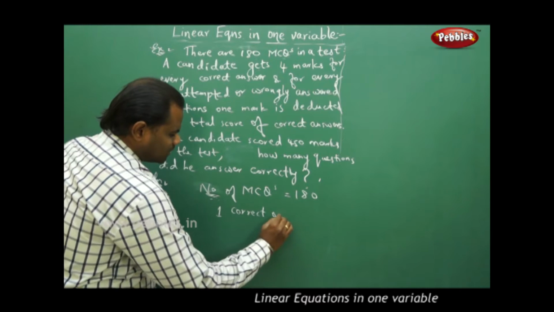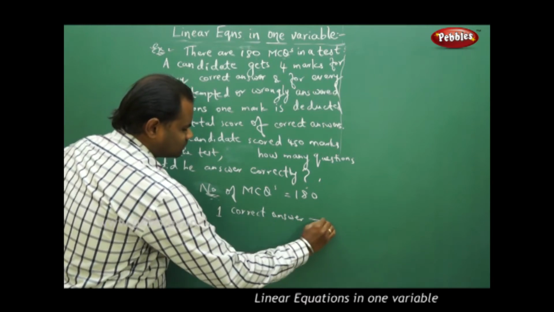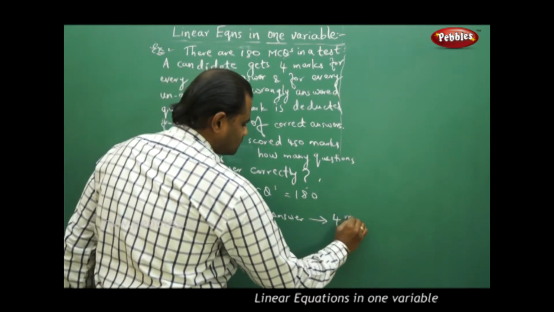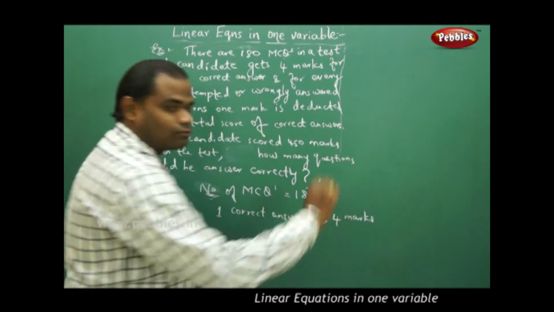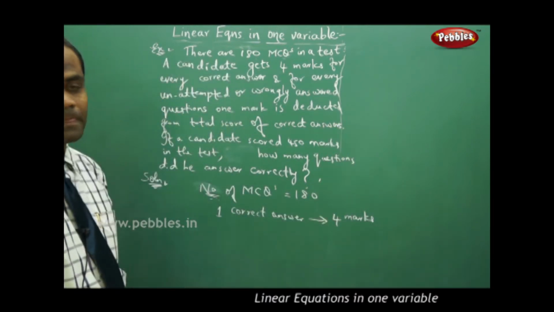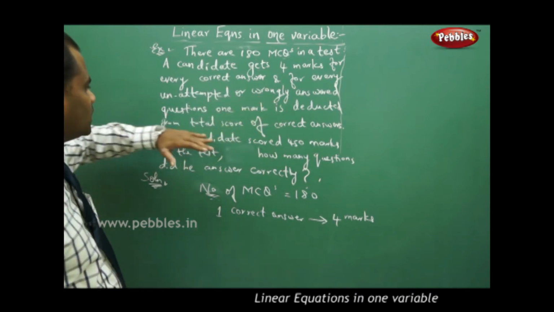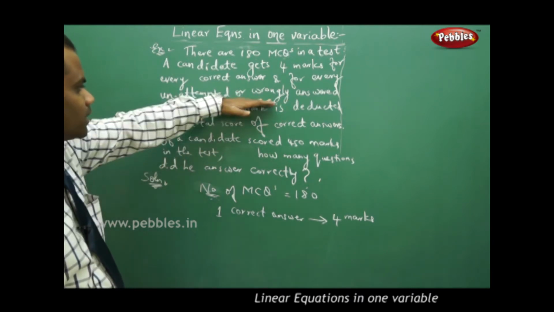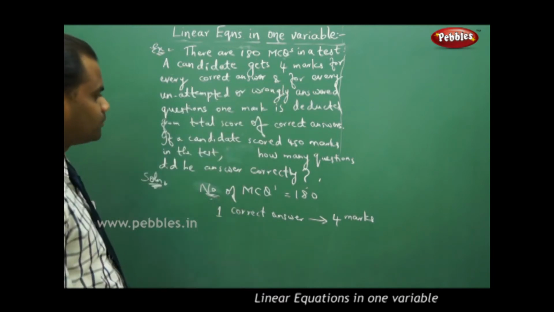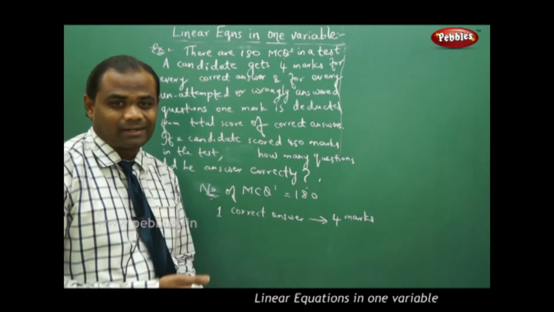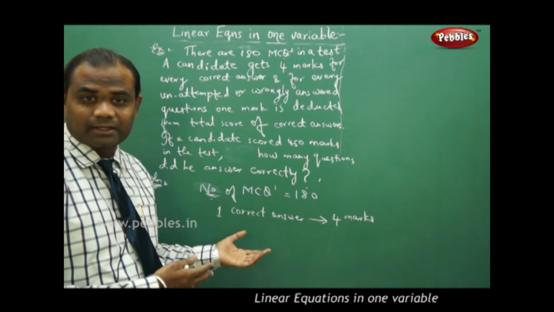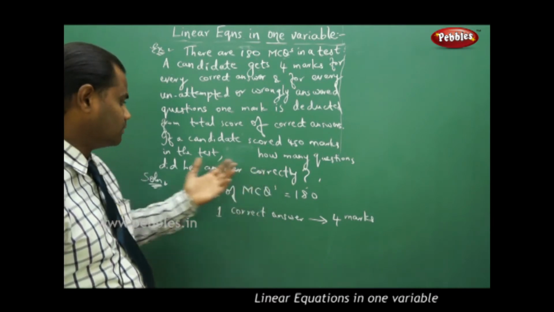So one correct answer will lead to 4 marks. So that is the information given here. And for every unattempted or wrongly answered question, 1 mark is deducted. Okay, let's come to that next. But we don't know how many answers are correctly written by the student. So I'll just take that as X because that is what I need to find here.